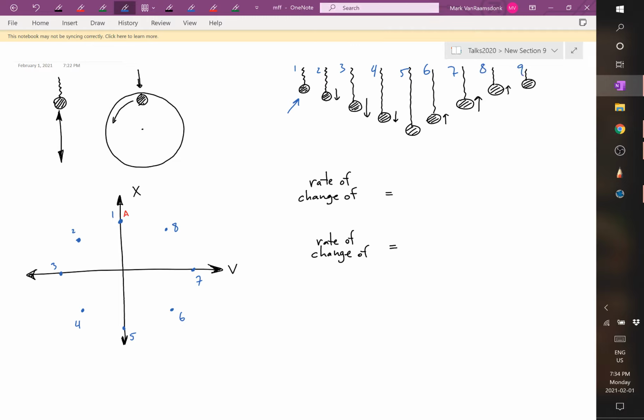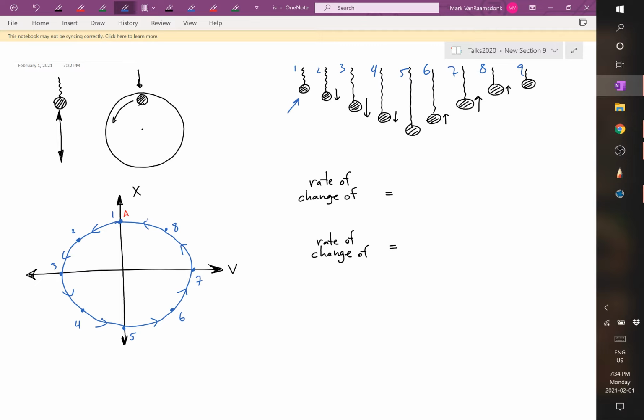And if we filled in all the ones in between, what we would do is sweep out a path on this x and v plot that is just a circular path. Well, I should be a little bit careful.